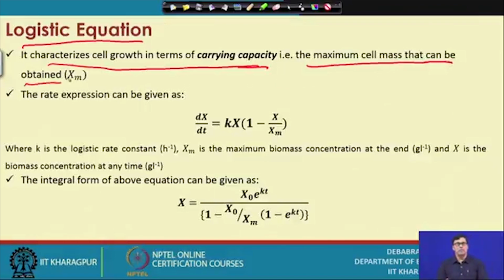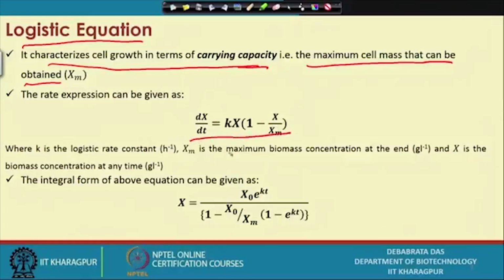That means this equation is based on how much maximum cell concentration can be achieved, not on the basis of substrate concentration. So the basic difference between the Monod equation and the logistic equation is that the Monod equation is based on the concentration of limiting substrate, and the logistic model depends on the maximum cell concentration.